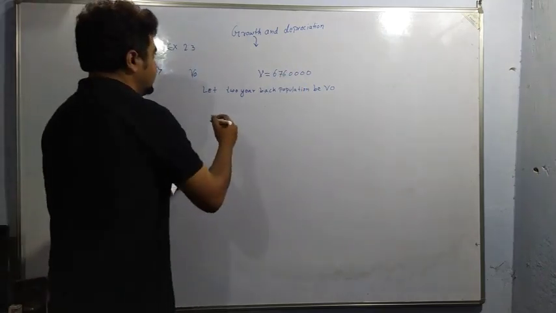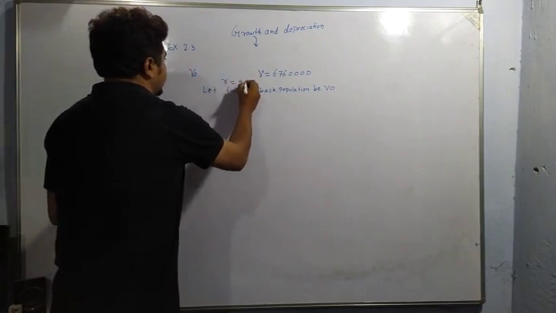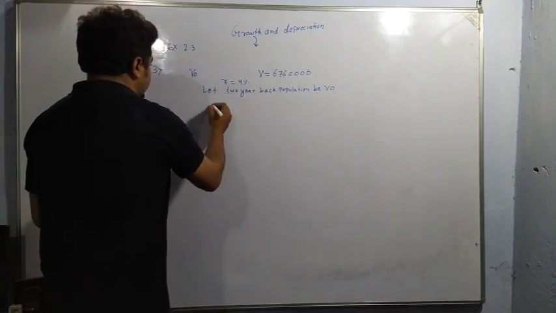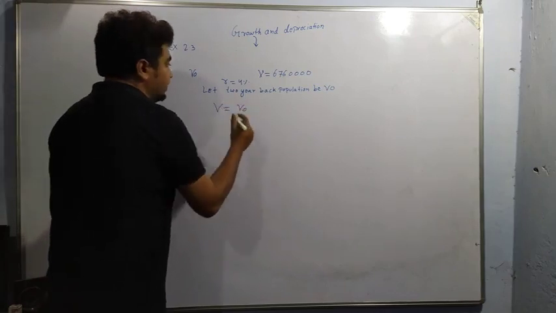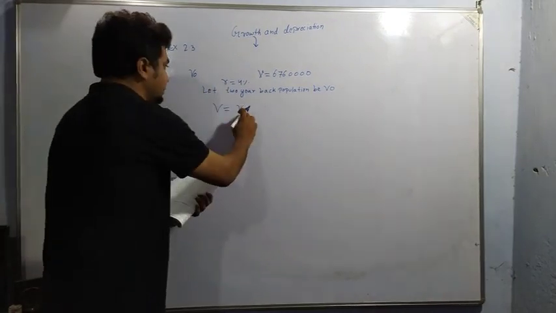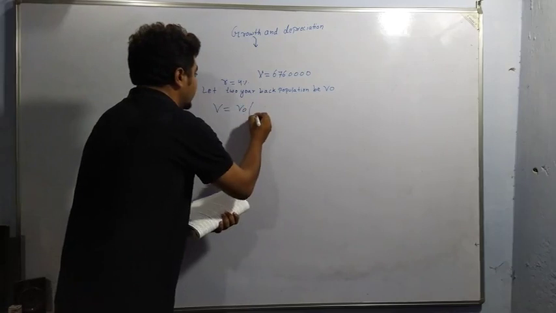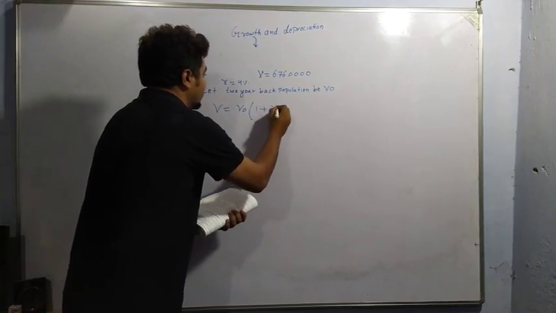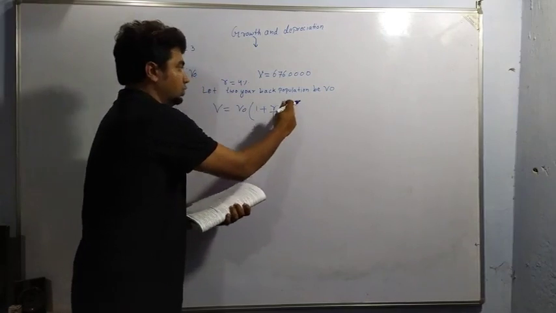So we can write here, the population is increasing and the rate given to us is 4%, and we have to find that 2 years ago. So V is equal to V naught, and V naught is unknown to us. V is the present population, but we are calculating with respect to V naught, which is the population 2 years back. 1 plus R by 100, and how many years? 2 years back means the power is 2.